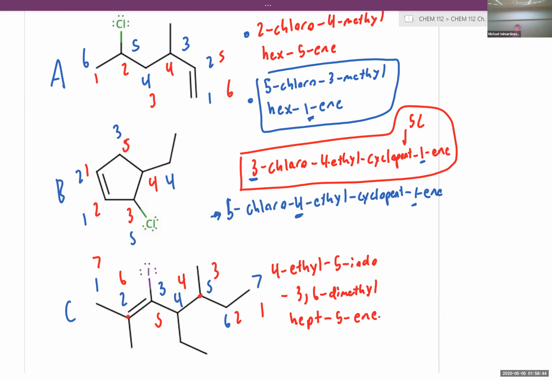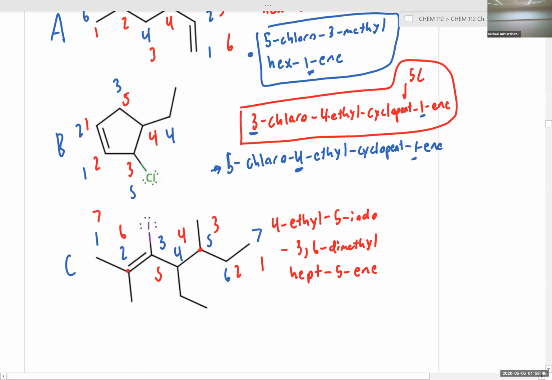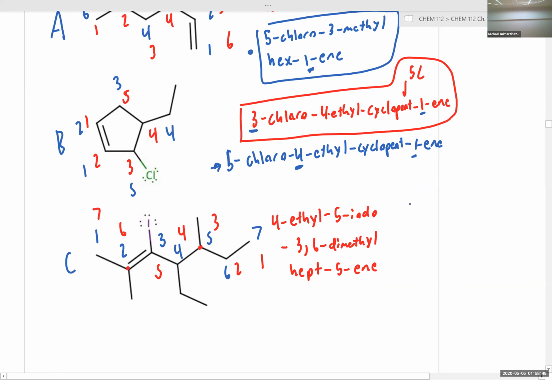Let's try the counting method in blue. In this case, we'd have 4-ethyl, 3-iodo, 2,5-dimethyl, hept, 2-ene.